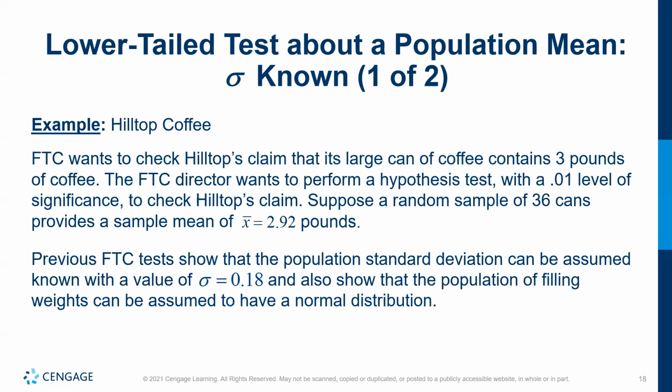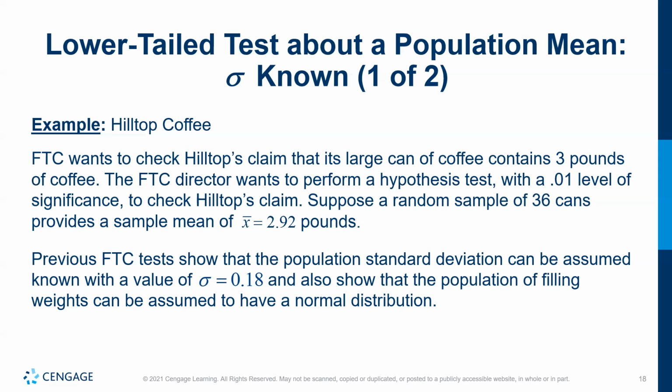Hilltop Coffee. The FTC, that's the Federal Trade Commission, wants to check Hilltop's claim that a large can of coffee contains 3 pounds of coffee. The FTC director wants to perform a hypothesis test with a 0.01 level of significance, okay? To check Hilltop's claim, suppose a random sample of 36 cans provides a sample mean of 2.92 pounds.